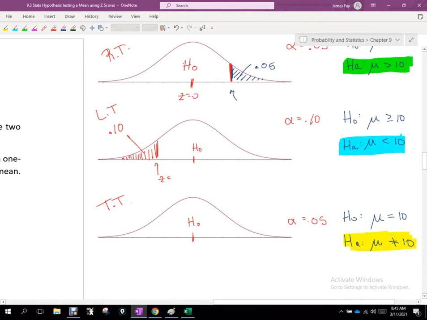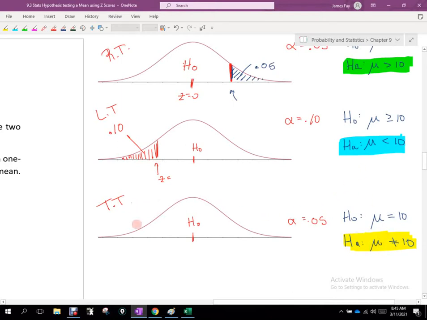The data could show that it was much greater than 10, or much less than 10. So it could exist on either end of the distribution, because we're just saying different. We're not specifying a direction. Is that okay with everybody?